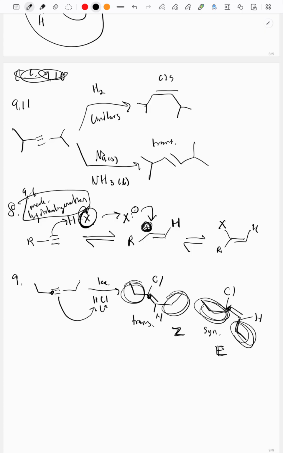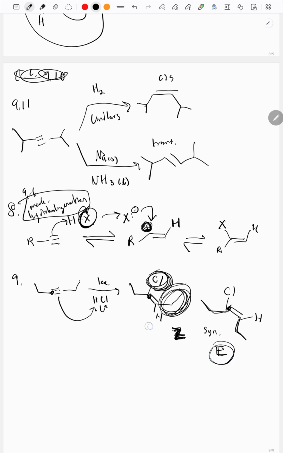Sorry, I think this might be wrong. I think it's saying this is Z, as in same side Z, because the chloride and the ethane, the two biggest contributing functional groups, are on the same side.